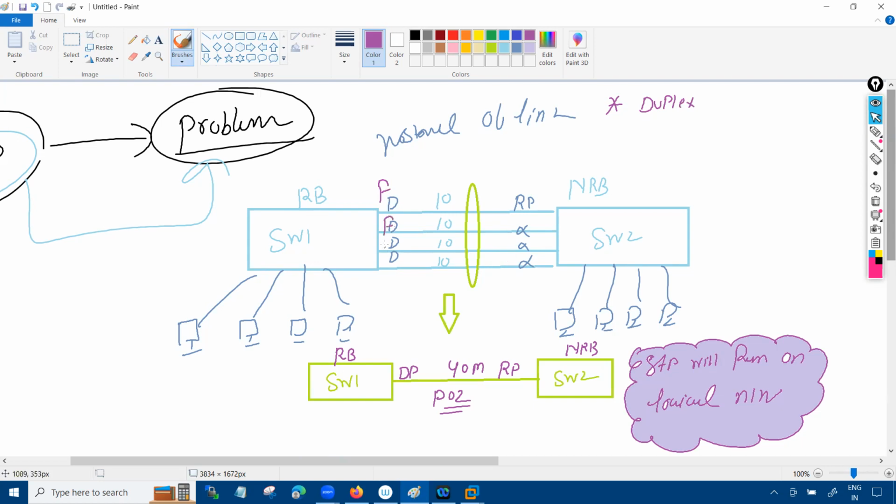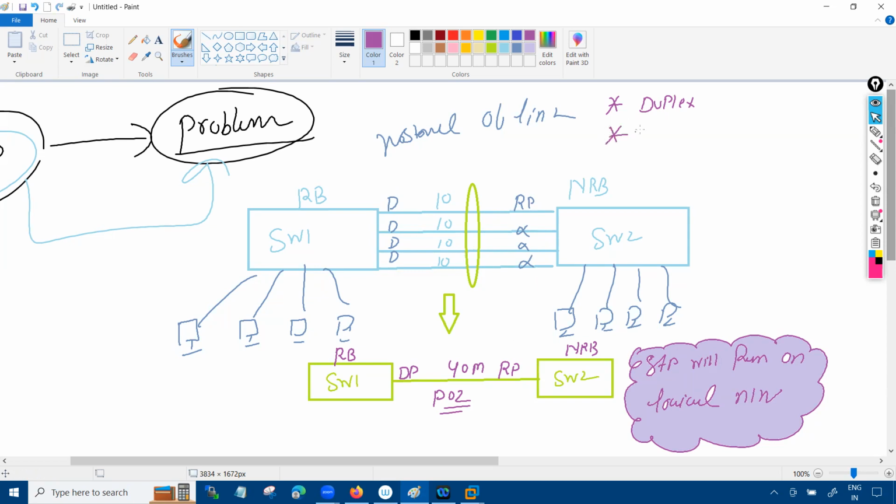If any one is half duplex, then your port channel will never be up. It will be down. So make sure that your duplex is the same. If one side is full duplex, the other side will also be full duplex. If one side is half duplex, the other should also be half duplex. It should not be a mismatch.